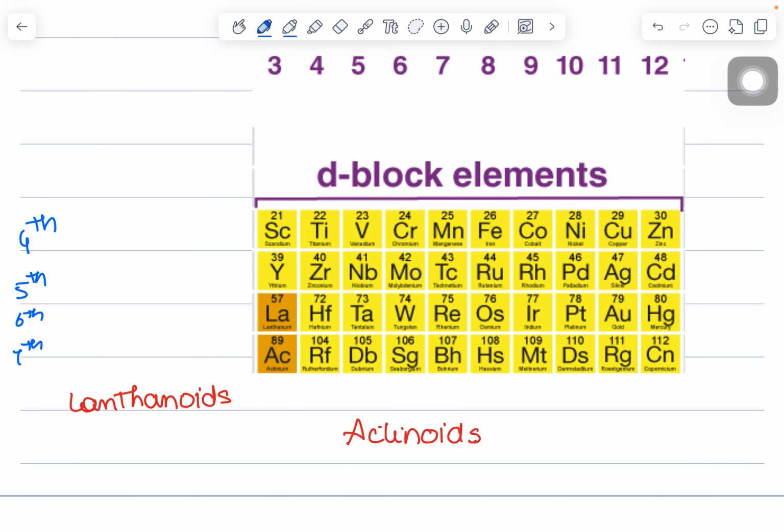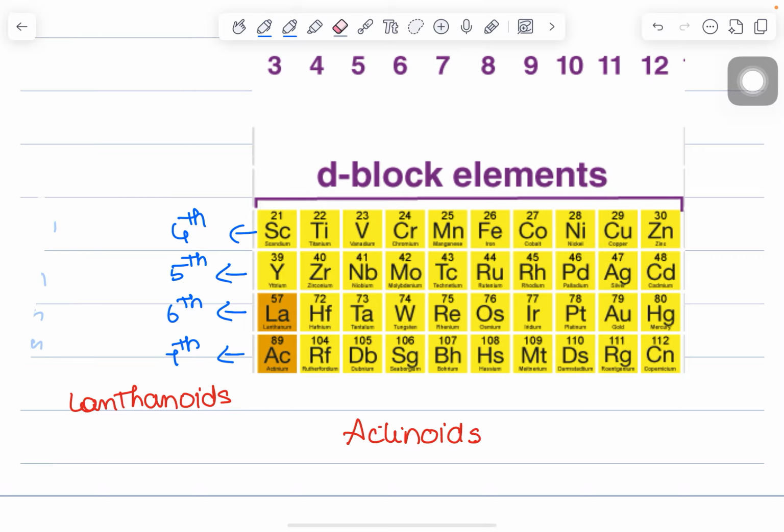Now this is the fourth period, this is the fifth period. From lanthanum to mercury it is the sixth period, and this is the seventh period. For d block elements, there is one more name for each period.